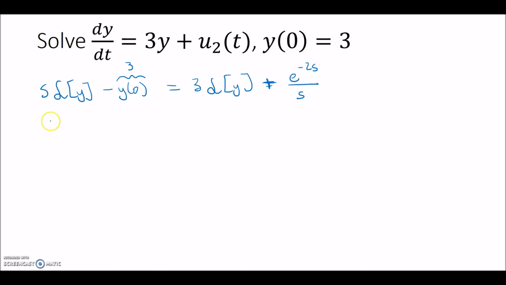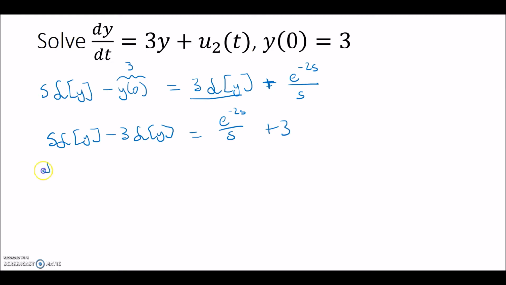Now I'm going to isolate my Laplace of y's: s Laplace of y minus 3 Laplace of y, move that from this side over to this side, and move my constant over to the other side. So I have e to the negative 2s over s plus 3.